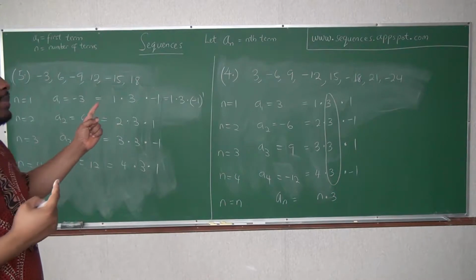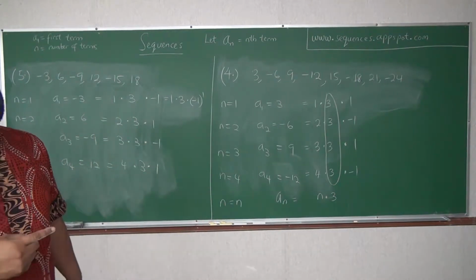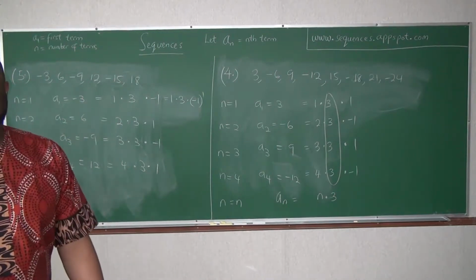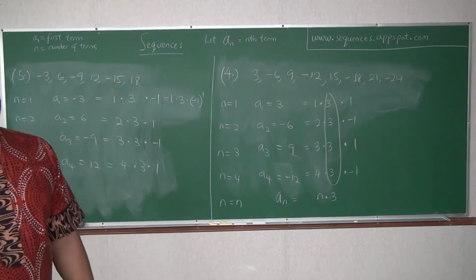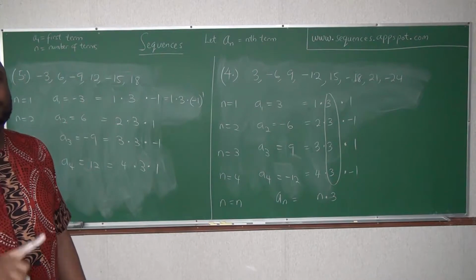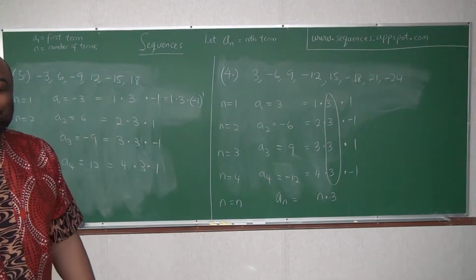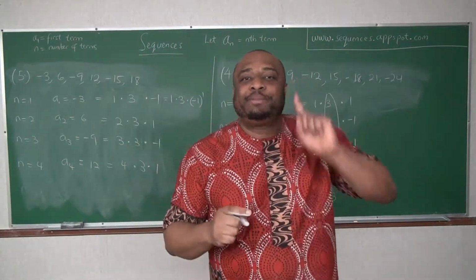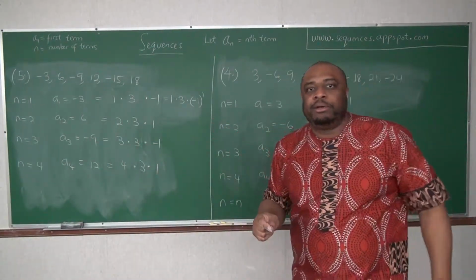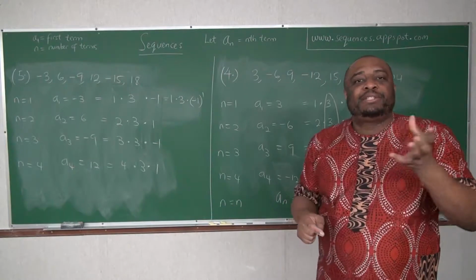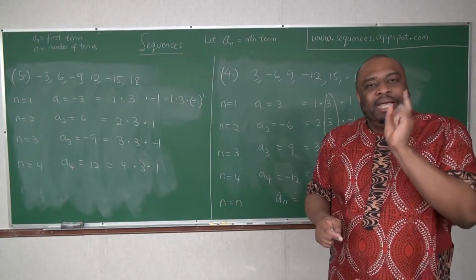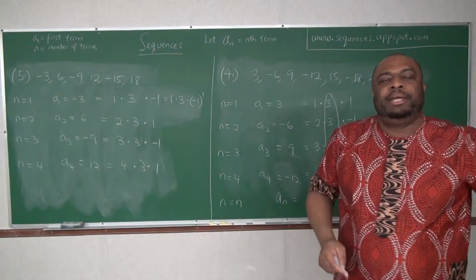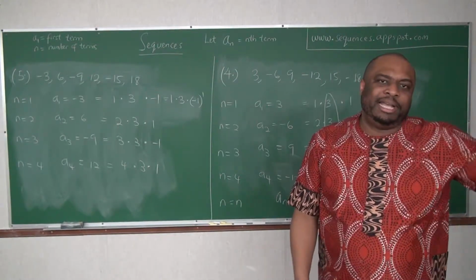When you have a negative base to odd exponent, it gives you a negative result. When you have a negative base to even exponent, it gives you a positive result. We explained that in the videos on exponents.